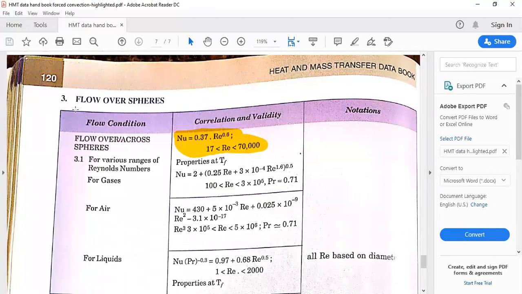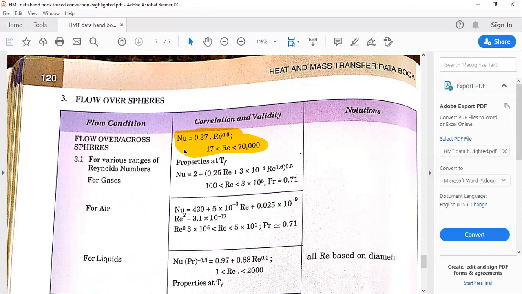Okay, the last part is if the flow takes place over spheres, so if you have a problem on flow over spheres, then you have to use this equation. Nusselt number is equal to 0.37 into Re^0.6, and if the Reynolds number is in this range, then use this. Normally this is the general equation which will be used to get the Nusselt number.